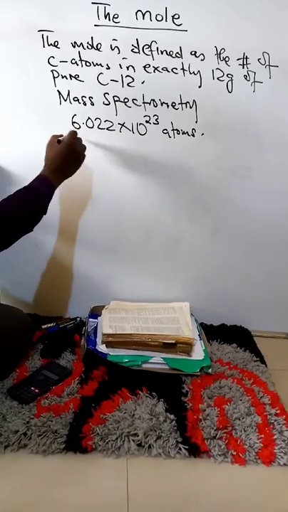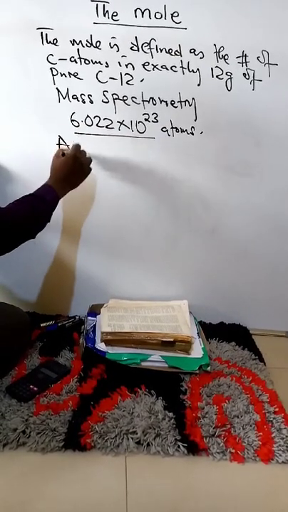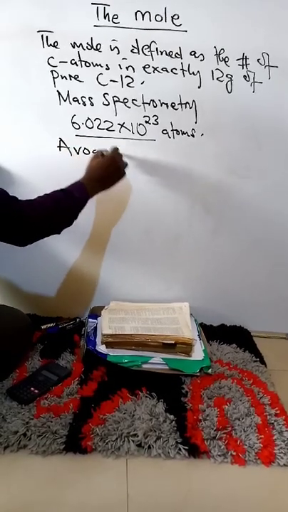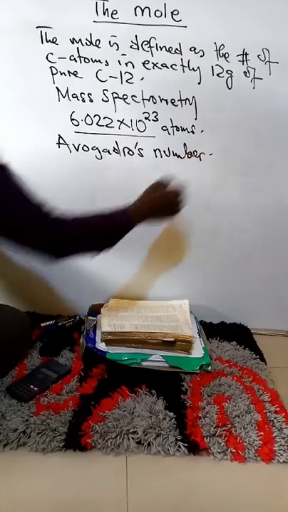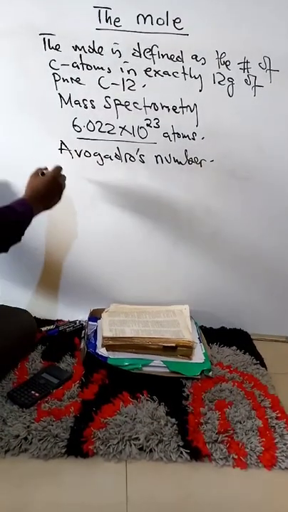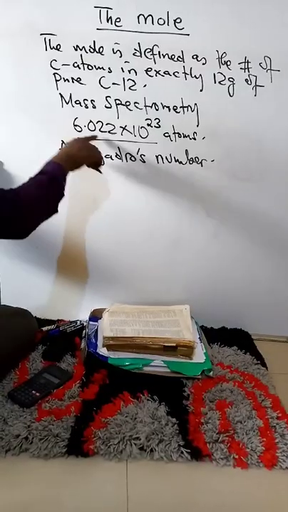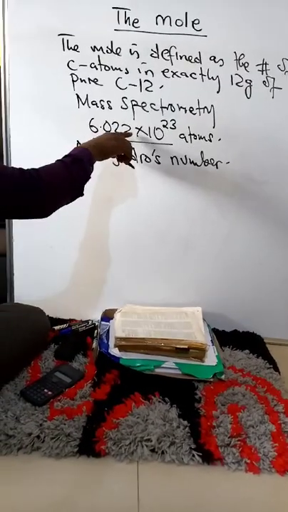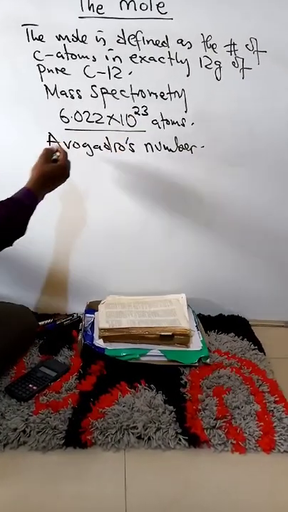This number is called Avogadro's number. So one mole of something consists of 6.022 times 10 to the power 23 units of that substance.